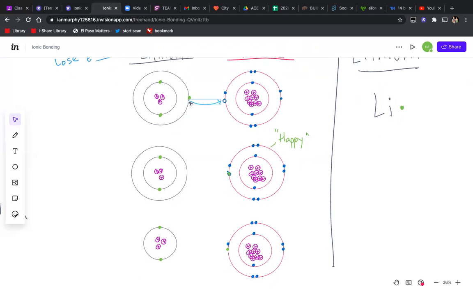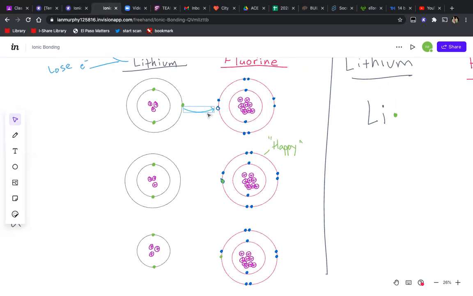So fluorine happens to only need 1 more electron. Lithium happens to have 1 electron. Lithium very happily gives its 1 valence electron to fluorine. Fluorine obtains a full valence shell and it's now happy. And lithium has now obtained a full shell. Remember, the first shell can only fit up to 2 electrons, so technically it's full.